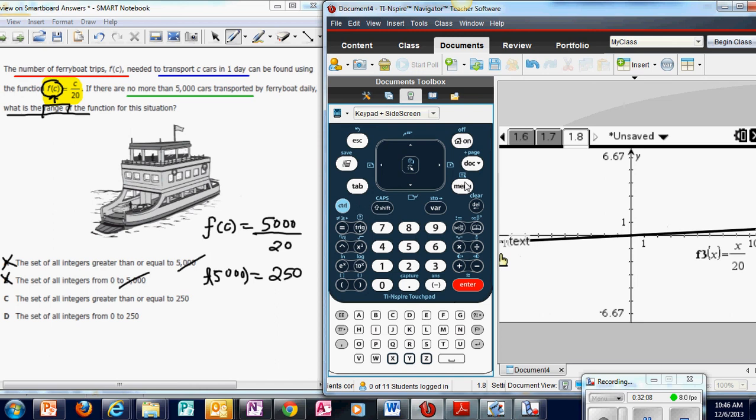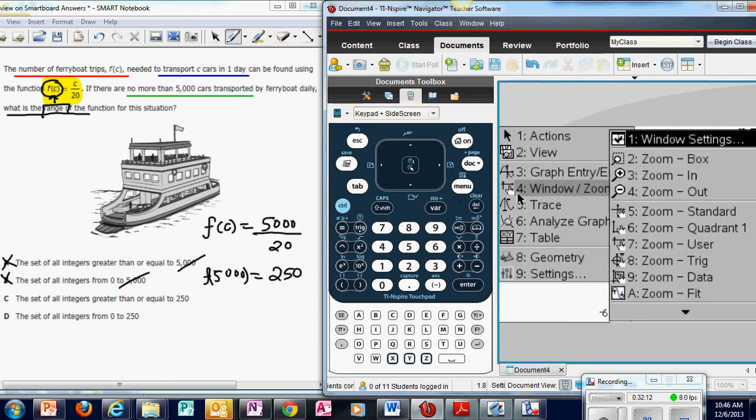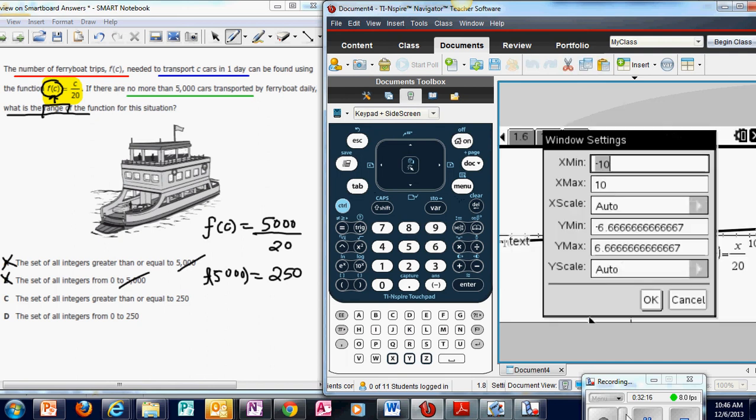So I go to my window, menu, and pick the settings. C is my cars, that's that 5,000, so C is where X usually is. I'm going to go all the way up to 5,000 here. To see my axis, I'll chop off the last number and go to negative 500.